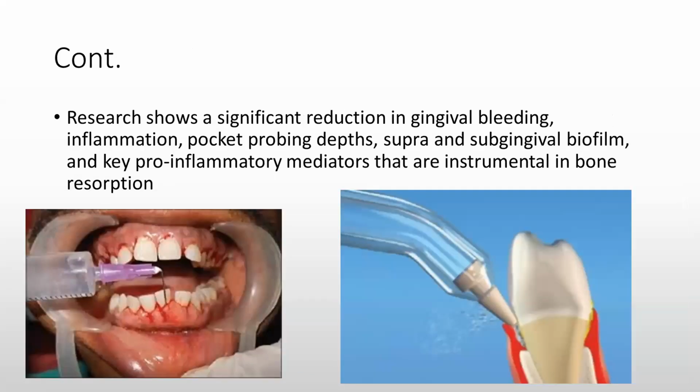Okay, we used to think it didn't take the place of flossing, but studies are showing, you know what? It probably does, because flossing can only do so much. Water picks, those type of things, do show that it reduces gingival bleeding and pocket depths and biofilm, right? So it's a nice adjunct.